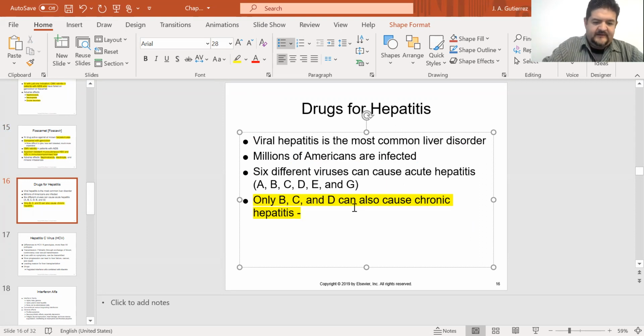And chronic hepatitis can cause hepatic cancer or cirrhosis. So that's the reason we need to treat patients with hepatitis B, C, and D, because of those 2 severe outcomes.